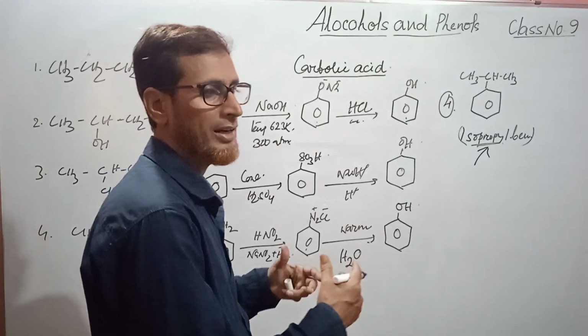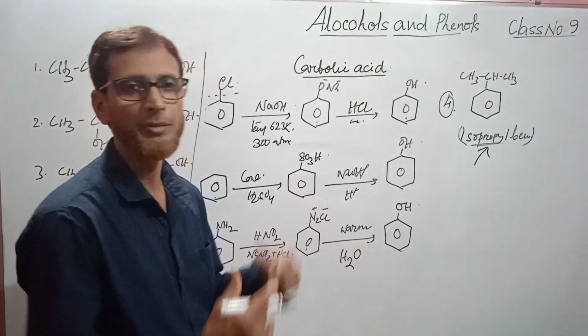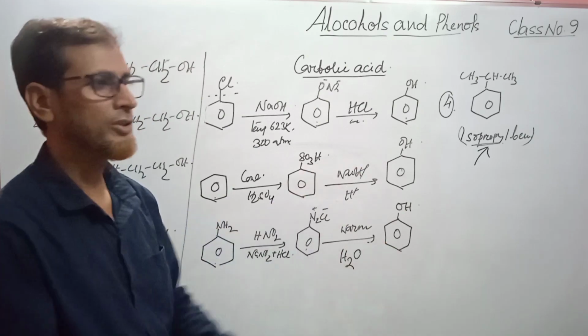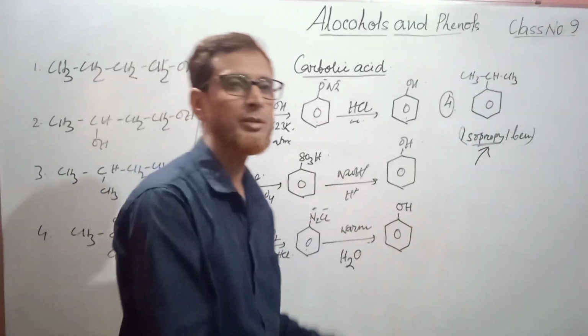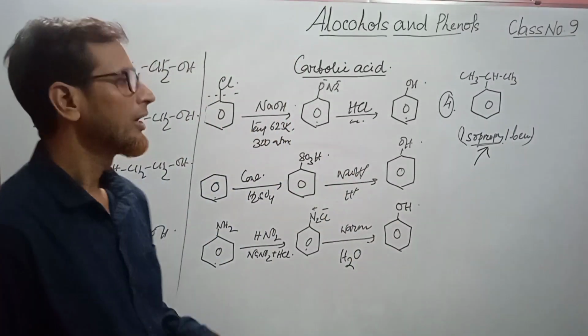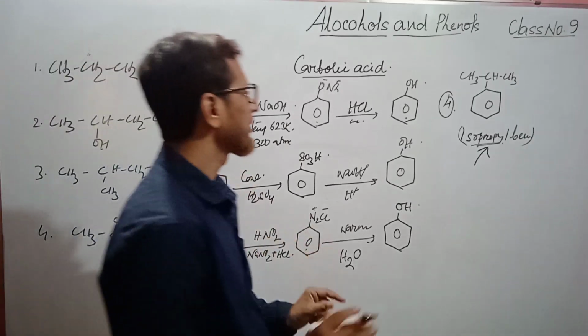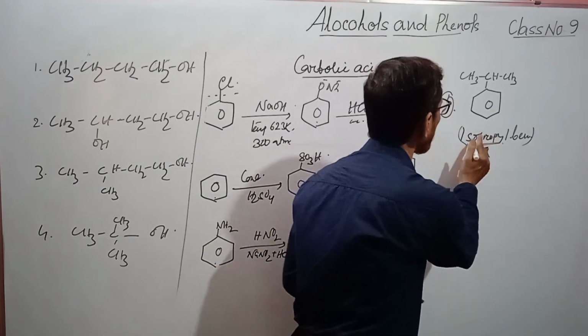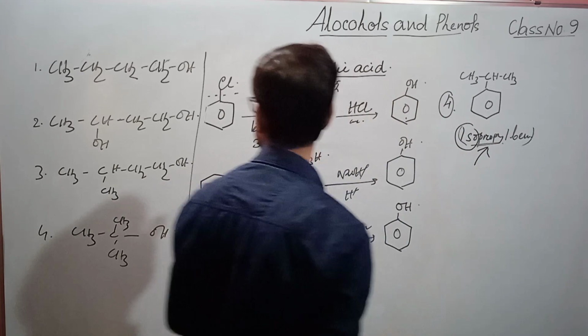If you cannot write the structure, you can't give the IUPAC name. Questions ask which one is isopropyl alcohol, which is secondary butyl alcohol, which is tertiary butyl alcohol. So today I am giving you some concept regarding the word iso, how it is working.